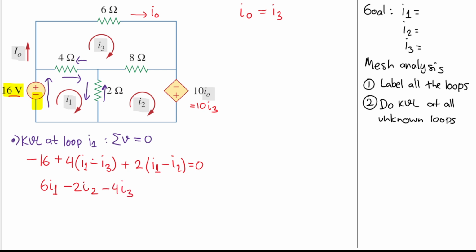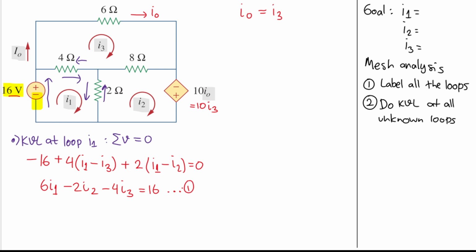Because the I3 term only came from this part here. Let's move this minus 16 to the right hand side, so we will have 16 there. Good. I think there is nothing more we can do from this KVL in loop 1, so let's save this as equation number 1.